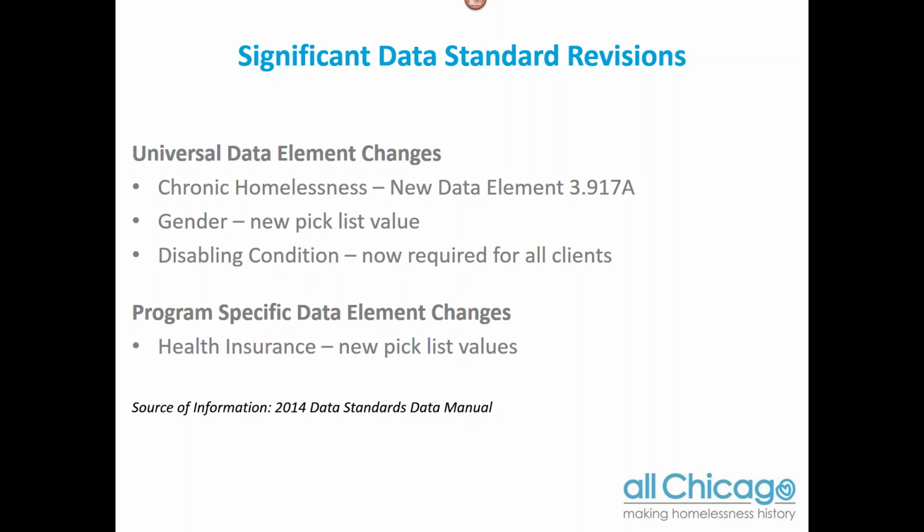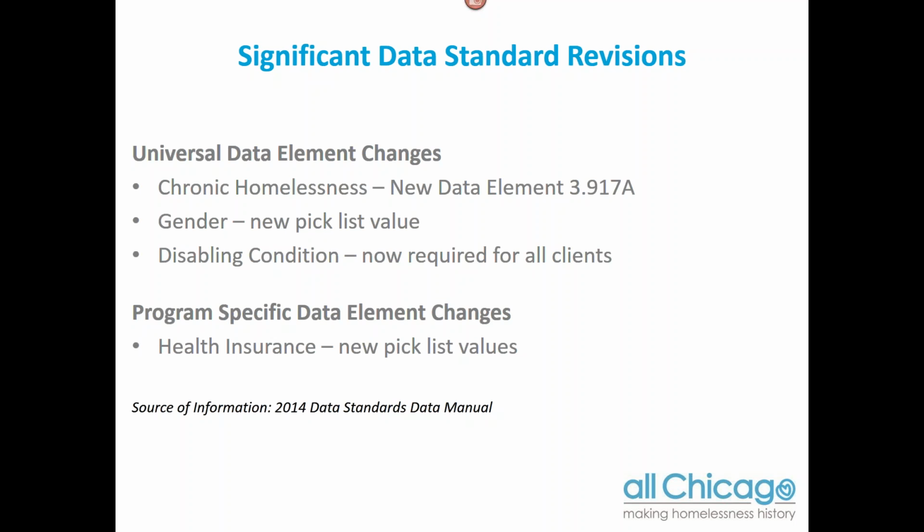It's on the HUD Exchange, so it is supported by HUD, but it is a document that reflects a collaboration across our federal partners. Those federal partners are HUD, the VA, Health and Human Services, and even locally, the City of Chicago has adopted those as well and follows those for their programs as required data collection.